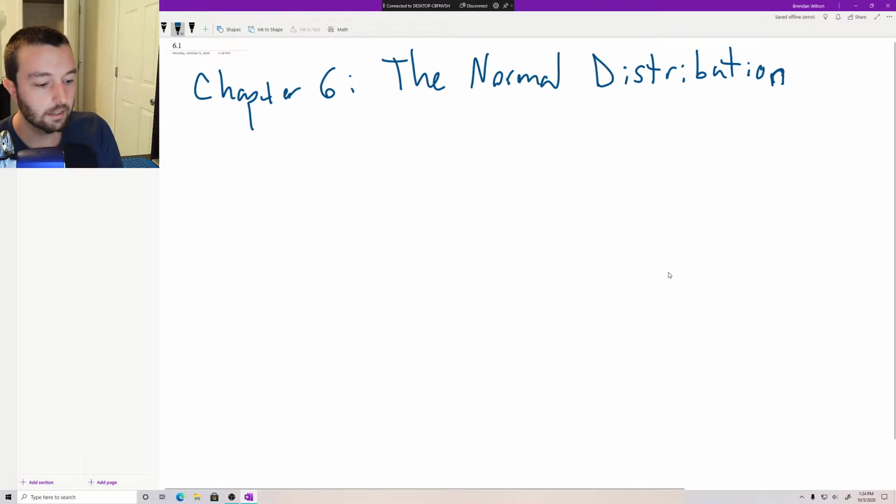And two, we're going to take a brief look at some theorems that involve the normal distribution. As you go deeper into statistics, you see that there's a lot of theorems about statistics that do involve the normal distribution. So it's definitely the most important distribution. If we're going to learn any one of them, this is it.